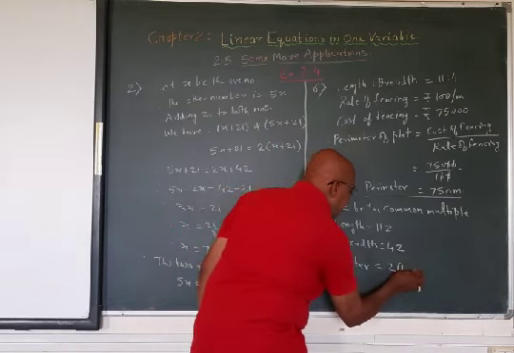Therefore, length of plot equal to 11z equal to 11 into 25 equal to 275 meters, and breadth of plot equal to 4z equal to 4 multiplied by 25 equal to 100 meters.